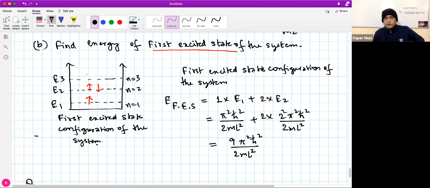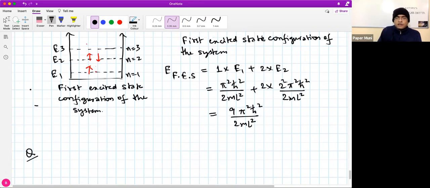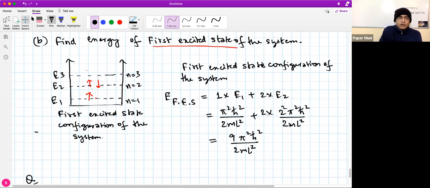Now the next question: let's do a practice problem. If you still have confusion here, let me do another problem. Now let's talk about the second excited state for the system.